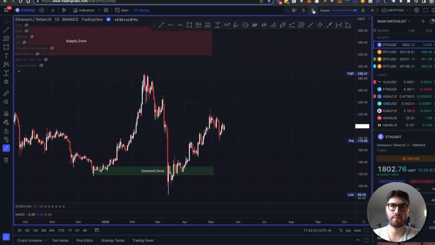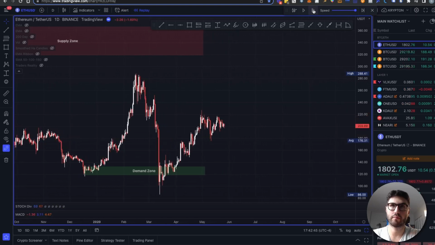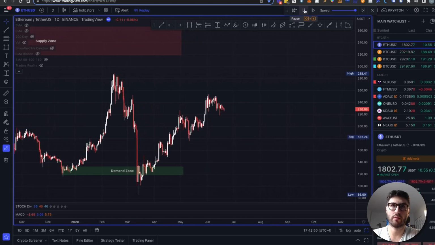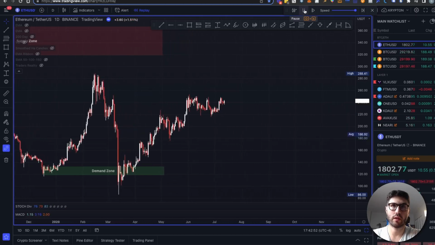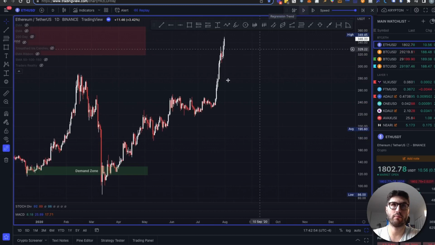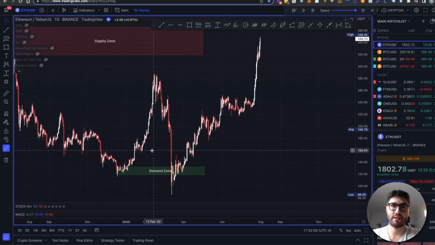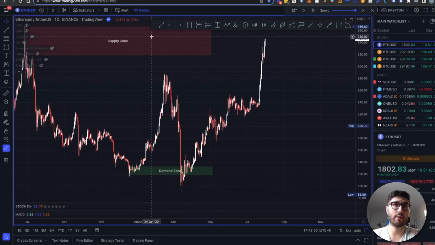See what happens. I'm pressing the play button. Okay, it stays in this area. Boom. You see? This is how important it is to understand the supply and demand zone, because the price came back here, had this huge run up.